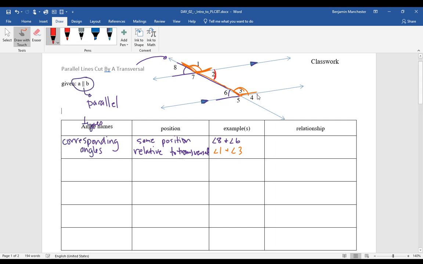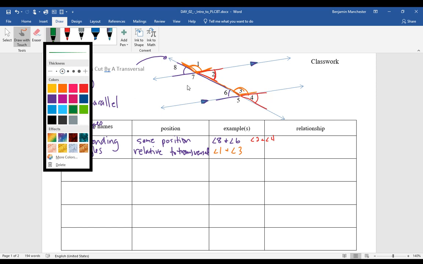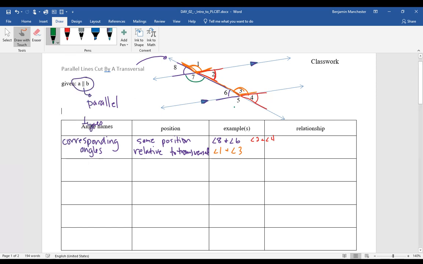So 2 and 4 are also in a corresponding position. And then the last set, as you might be able to guess, are 7 and 5. So 7 and 5 are also in a corresponding position.